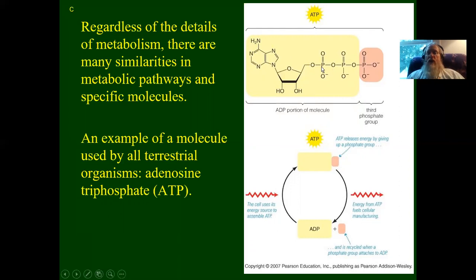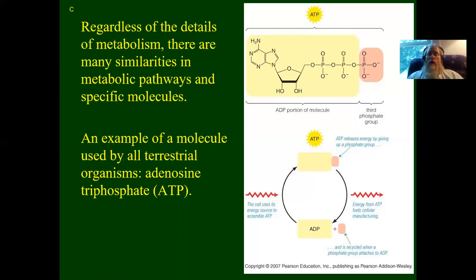But instead of one phosphate group, the triphosphate has 3 phosphate groups attached. If you do a chemical reaction and remove the 3rd phosphate group, converting it to adenosine diphosphate or ADP, that's a reaction that releases energy. If you put a phosphate group back on to convert the ADP to ATP, that absorbs energy.